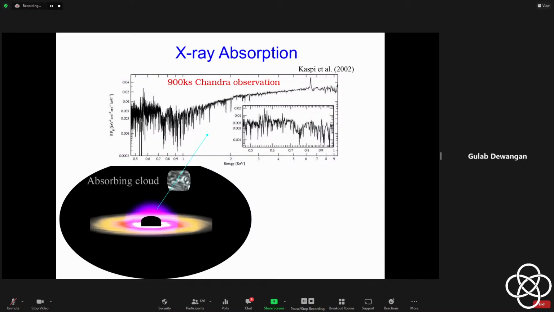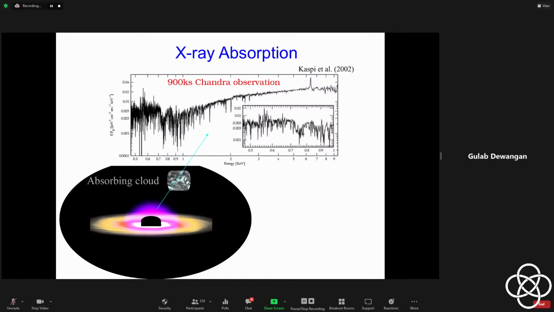And this may look to you like noise or something like that, but no, these are actual signals. These are highly significant absorption lines, absorption features. They are not actually noise. The lower panel is an expanded view to show from 0.4 or 0.5 keV to about 1 keV, to show various absorption lines and features.